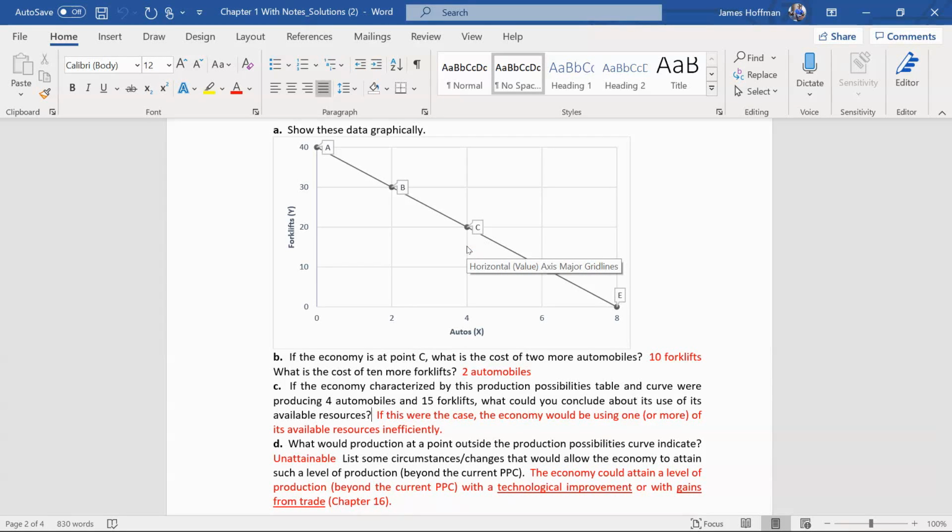And so one or more of the resources is not used efficiently. We could have unemployment. We could have some other resource being used inefficiently, but we're not using the economy's resources efficiently. So if we're inside the curve, the economy would be using one or more of its resources inefficiently. That could be unemployment, that could be something else. But if the resources aren't used to full potential, then that represents a point inside the curve.